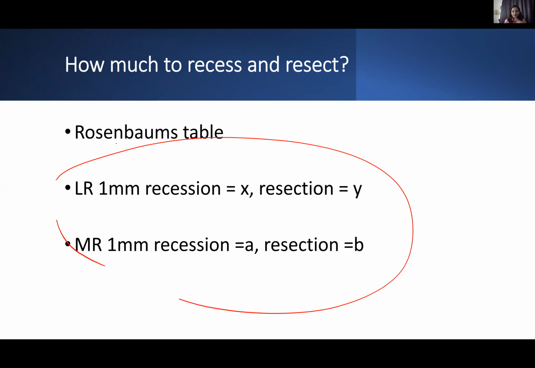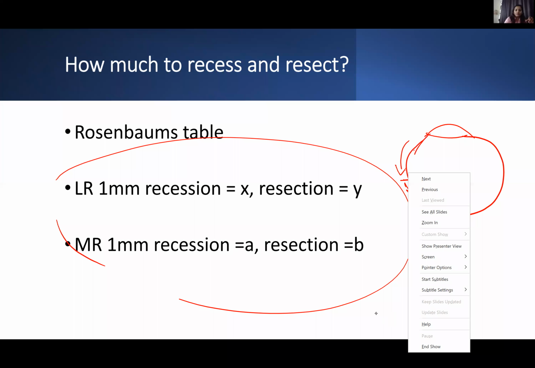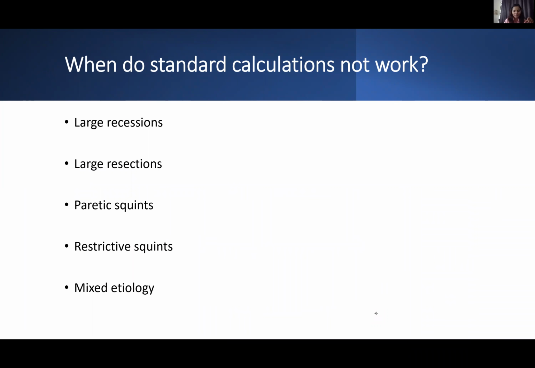It corrects less. What is the reason? If you look at the globe, once you start recessing too much, you're coming close to the equator or even beyond the equator. At this point, the effect of inserting a muscle posterior to the equator is not the same as inserting anterior to the equator. That's the reason why when you do large recessions, you don't get the same effect. So it's better to follow tables, or best is you develop your own algorithm.